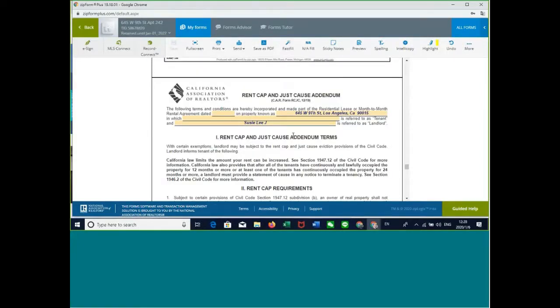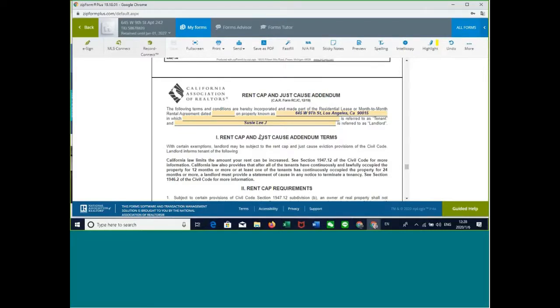It says here, please read the language. It says, with certain exemptions, landlord may be subject to the rent cap and just cause eviction provision of the Civil Code, which means that there are exemptions. Certain buildings are exempted. Okay?